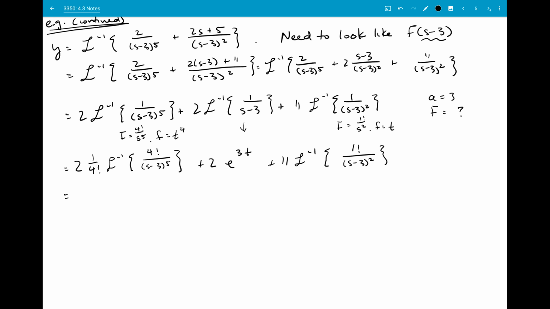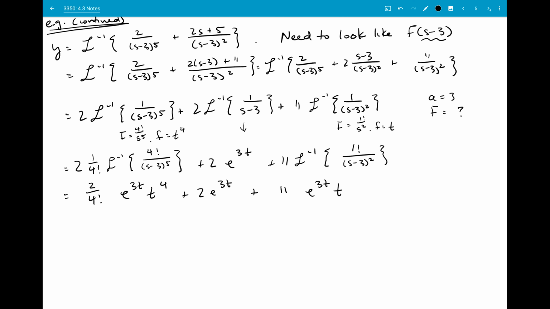So what we're going to have is our 2 over 4 factorial. L inverse of 4 factorial over s minus 3 to the 5th is just going to be e to the 3t t to the 4th, plus 2e to the 3t, plus 11. L inverse of 1 factorial over s minus 3 squared is going to be that e to the 3t from the s minus 3, and then just use our regular little f, which is t.